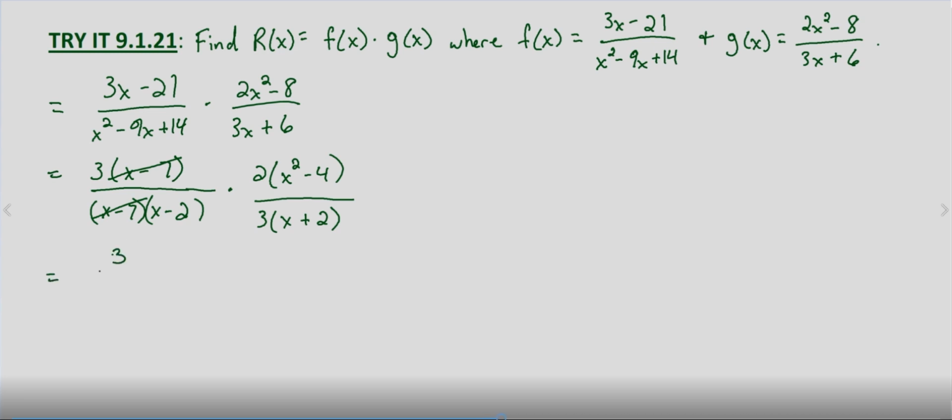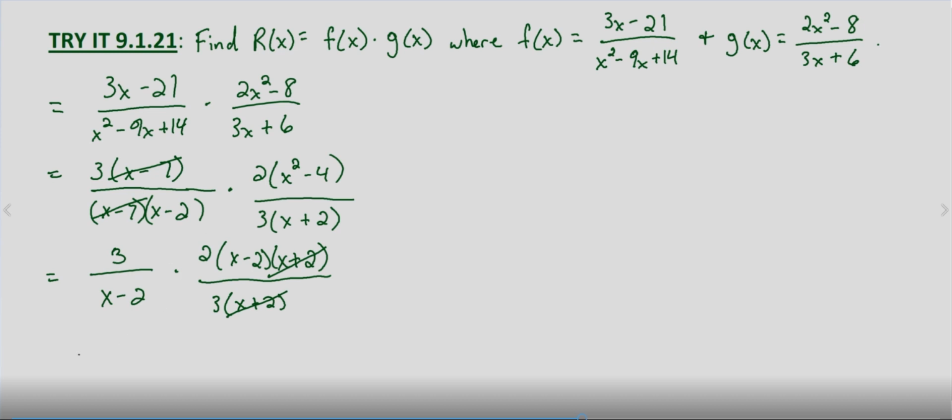That's going to be 3 over x minus 2. And then times 2 times x squared minus 4 is x minus 2 times x plus 2. And again, that's over 3 times x plus 2. Well, now we can cancel common factors here, x plus 2 and x plus 2.